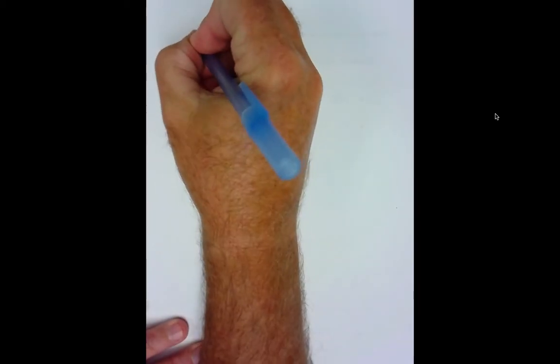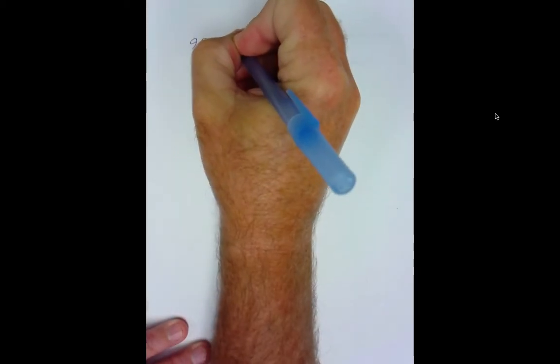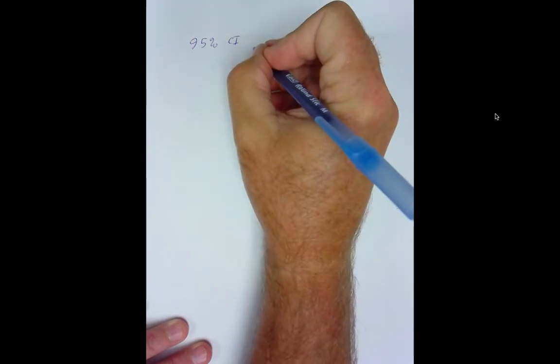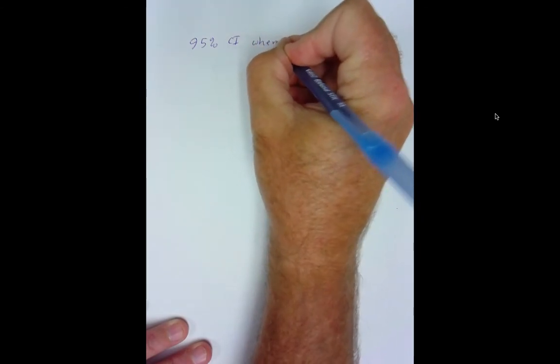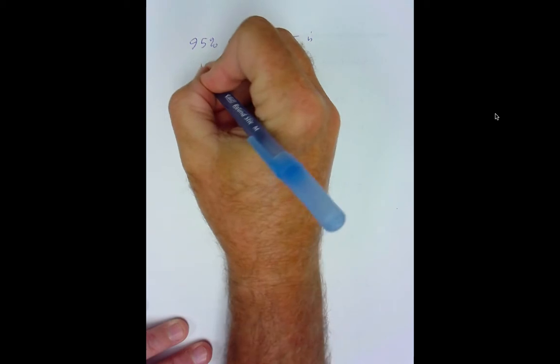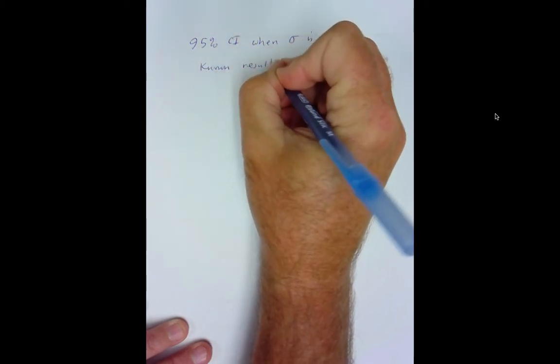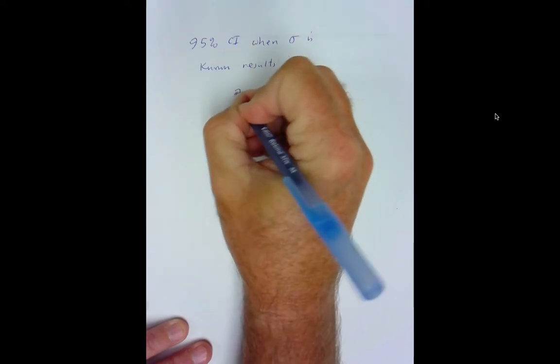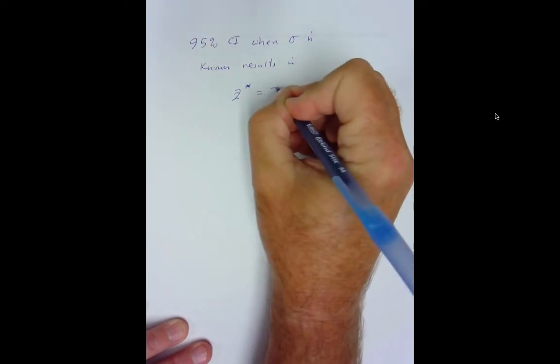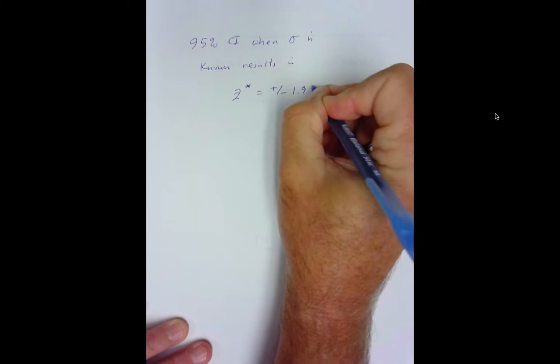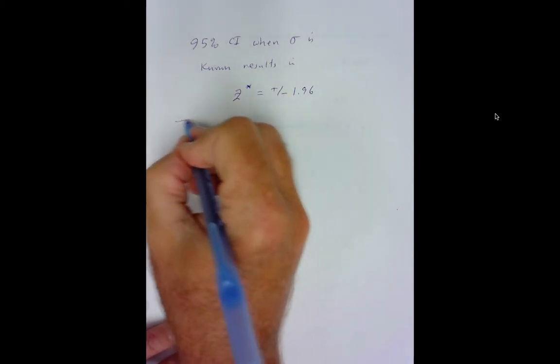So we talked about earlier, for a 95% confidence interval, when sigma is known, that results in a z critical of plus or minus 1.96.